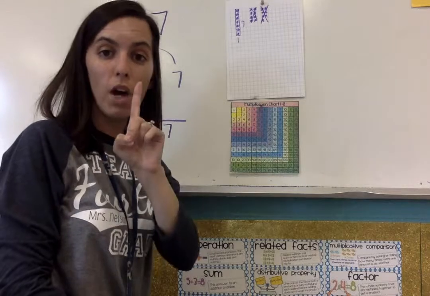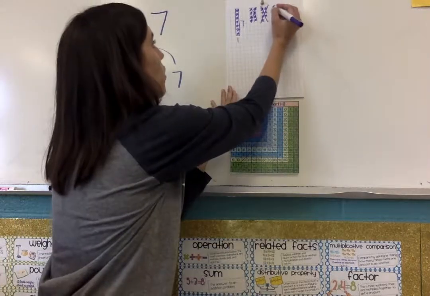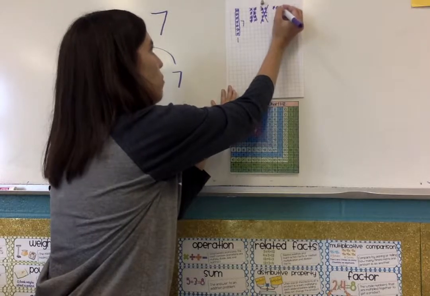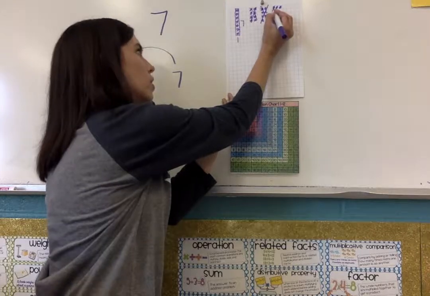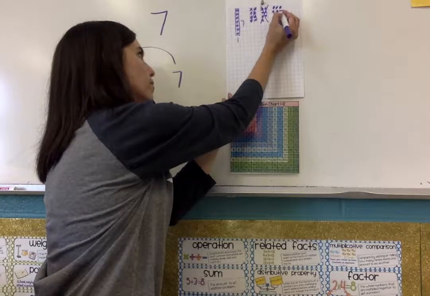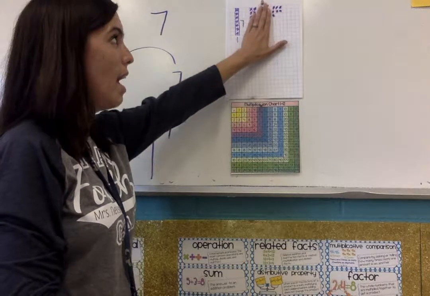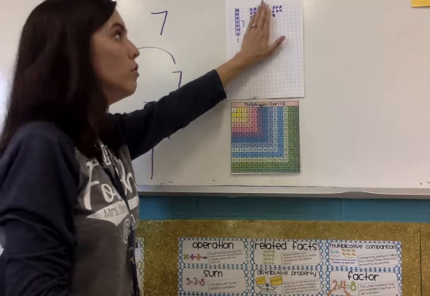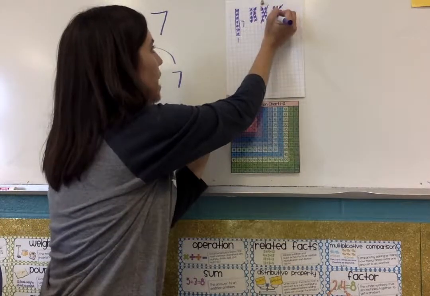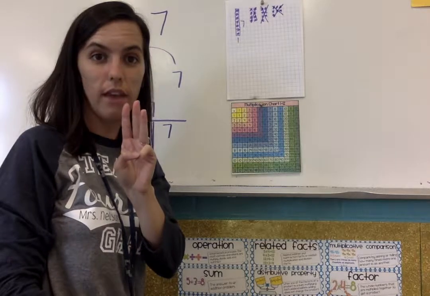Okay? We tried 1 column, 2 columns. Let's try 3 columns. So 1, 2, 3. Do you see my 3 columns? I'm going to keep on counting. 4, 5, 6, 7. Is this a rectangle? It's not an equal rectangle, is it? So I know, since I used 3 columns, that 3 is not a factor of 7.